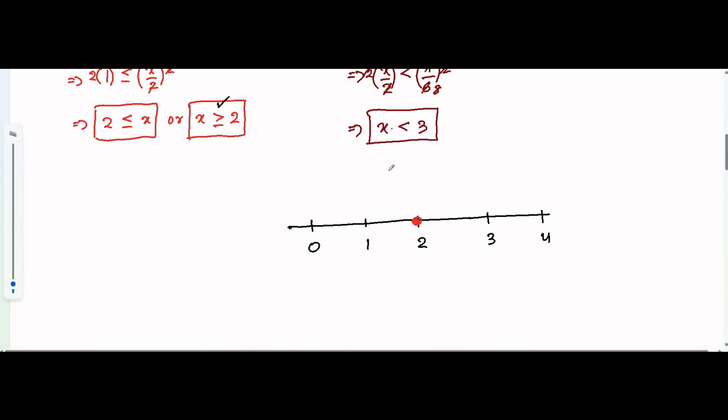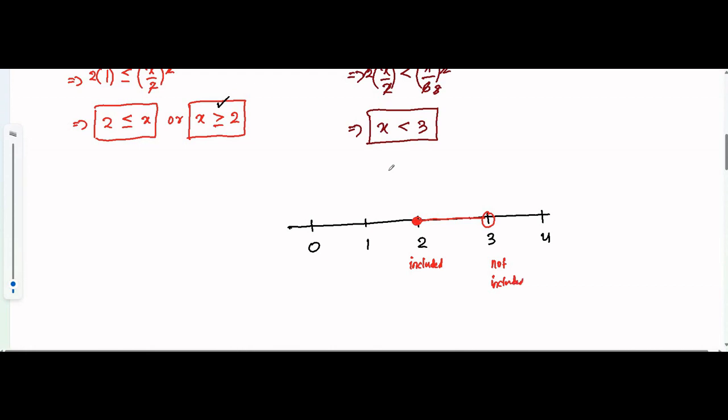Now x is less than 3, so anything which is less than 3 is included, but 3 itself is not included in the solution because it is a strict inequality. So at 3 we'll place a hollow circle and we'll connect these 2 points by a solid line, which includes every point in between 2 and 3, with 2 included, 3 not included.